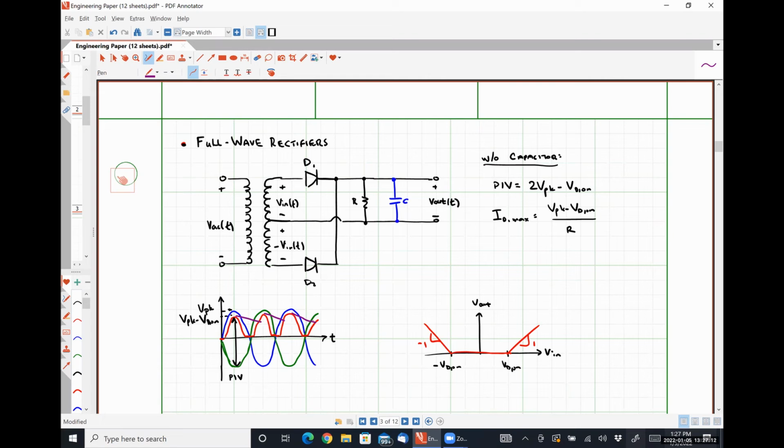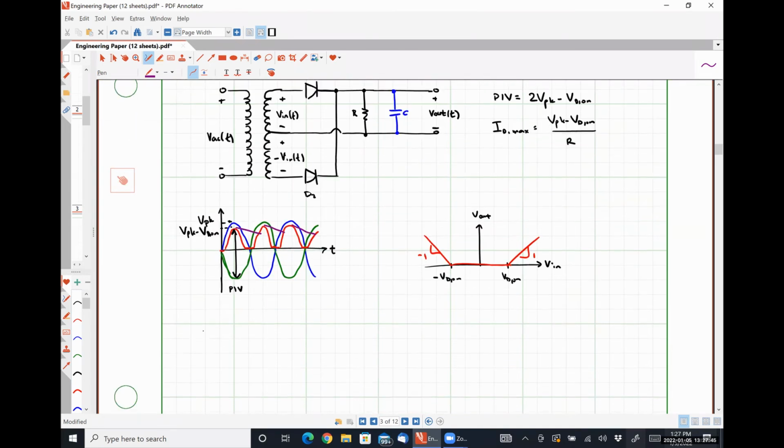In fact, we're allowing it to discharge exactly half the time we saw previously because we're flipping that negative half cycle over, okay? So it should stand to reason pretty easily that our ripple voltage will be half as large. We use effectively the exact same equation because we're only giving our capacitor half as much time to discharge. Does that make sense? Okay.